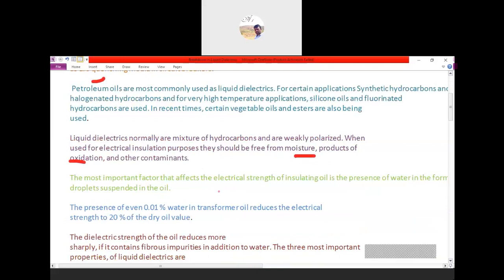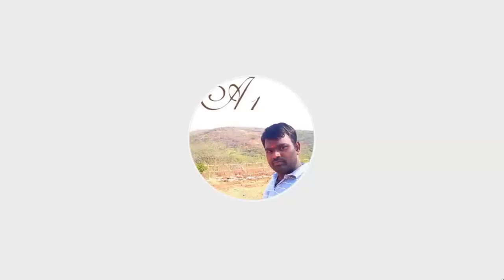The liquid dielectrics normally used are a mixture of hydrocarbons and are weakly polarized.